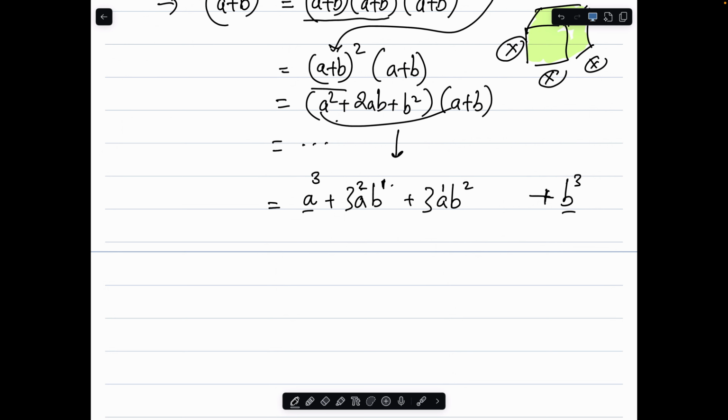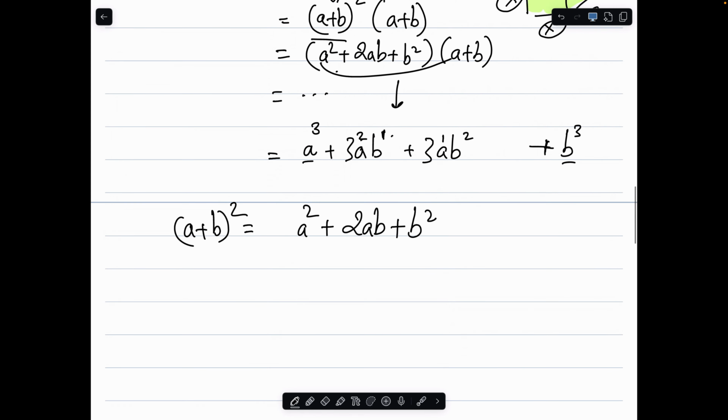Okay, so now I write everything that we have discovered here for you. Power 3, power 2, but now b is 1, power 1, but b is 2.